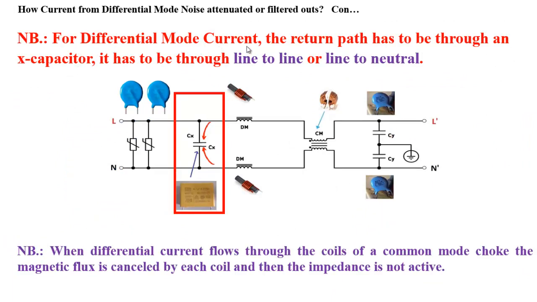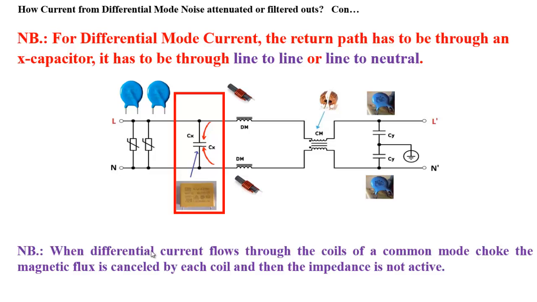For differential mode current, the return path has to be through an X capacitor. When it makes impedance to attenuate the signal, there must be a return path. It has to be through line to line or line to neutral. For a three-phase system, it may be line to line or line to neutral, but for a single-phase system, it must be line to neutral.